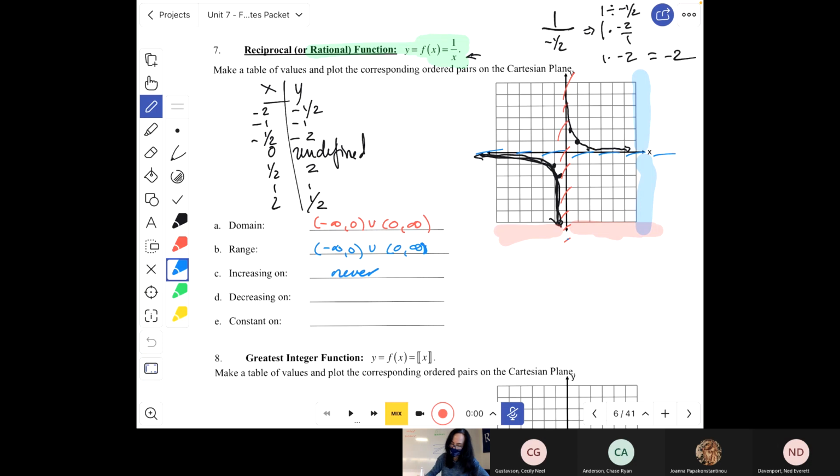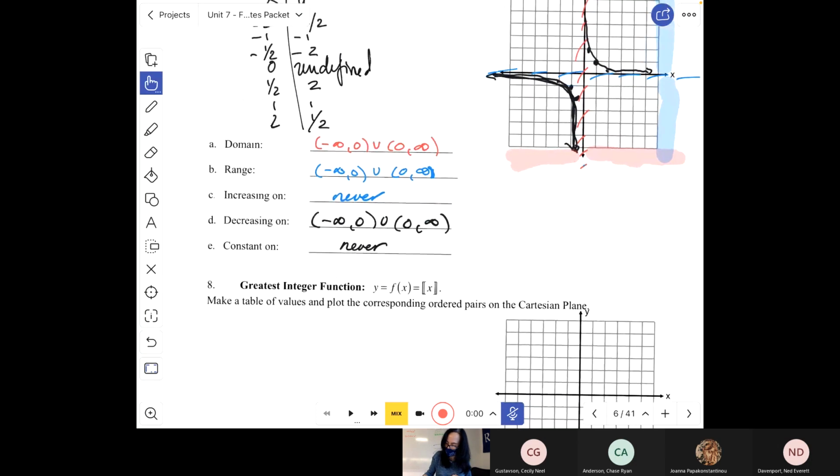Where is this function decreasing? Everywhere that's not 0. So again, we define this on an open interval, so we have to write the same interval that we have for domain and range. Where is this function constant? Never. So be on the lookout when we get to the unit with rational functions. Super exciting.